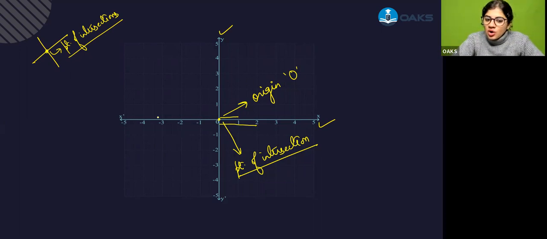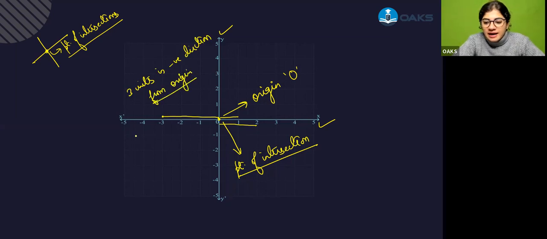Here on the negative side, this is 3 units in the negative direction from the origin. I always write from origin because that is my starting point.